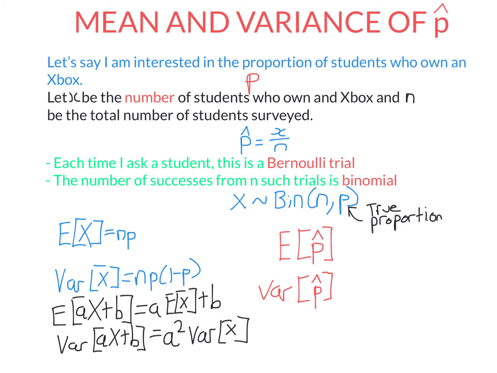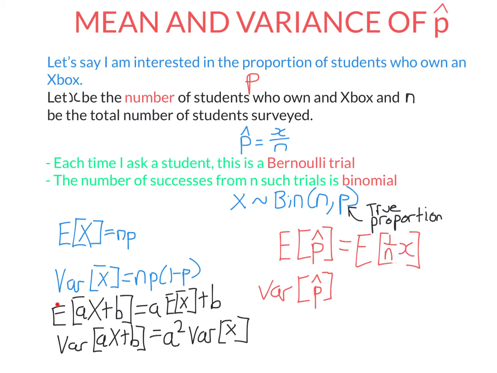Let's come up with the expected value of the sample proportion and the variance of the sample proportion. I know that the sample proportion is just x over n. X is a binomial random variable, and n is just the number of students I asked. I can rewrite this as 1 over n times x.